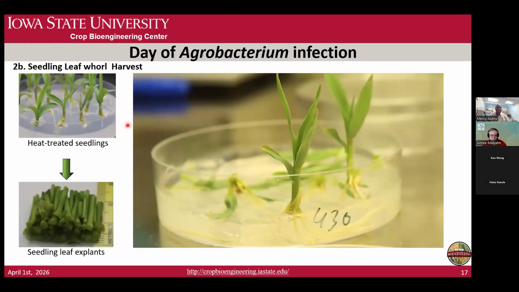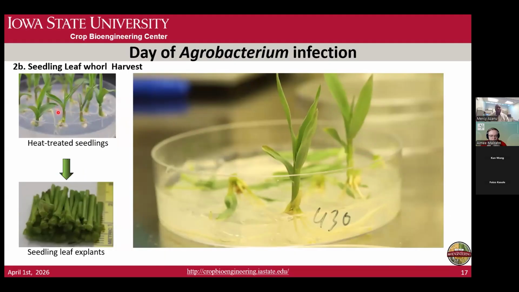After the heat treatment, you take the plastic box that has your seedlings to the laminar flow hood. Of course, we need a clean environment, so we use 70% ethanol to wipe our box.